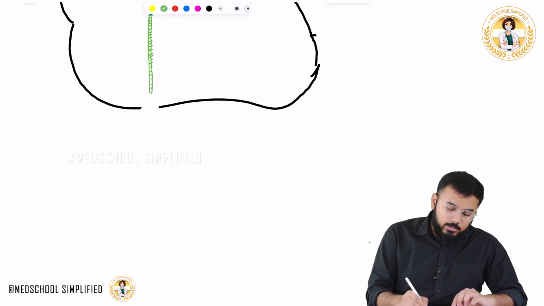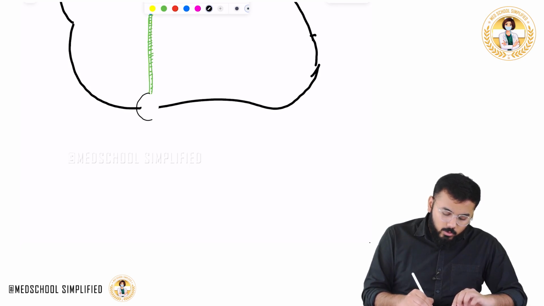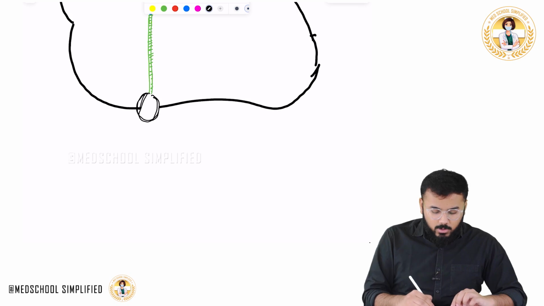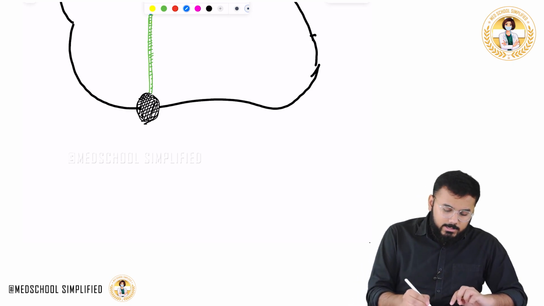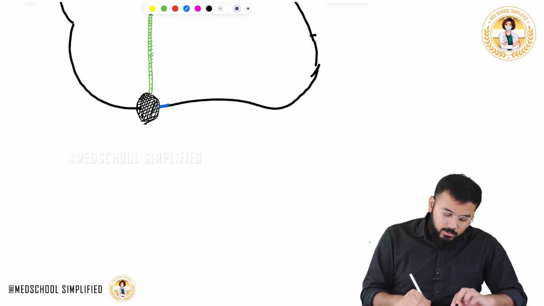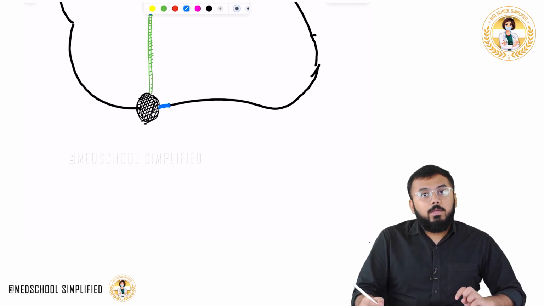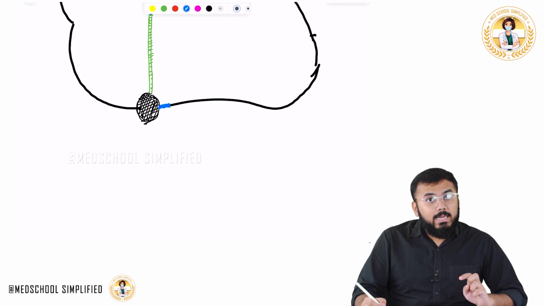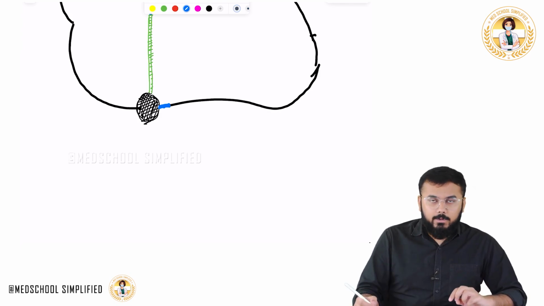Next, at the tip of the lamina terminalis you see a rounded structure. What is this rounded structure called? This is called your optic chiasma. Next, beside this optic chiasma you have another structure like this. This one is called your optic tract.